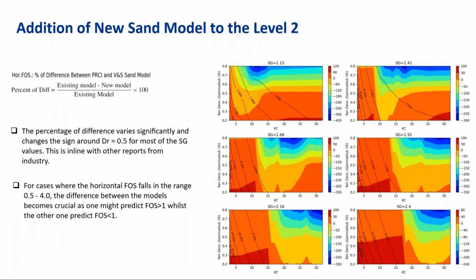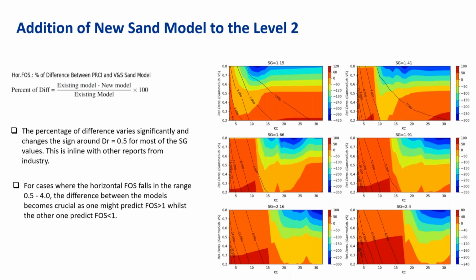And this is a color map showing the difference between PRCI and Verley and Sotberg percentage-wise. You see that the difference, which is around 0, is where the relative density is around 0.5. So for the original soil, if the relative density is set around 0.5, we get the minimum differences between the old and the new soil models.